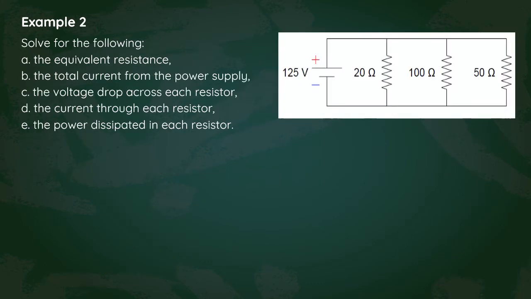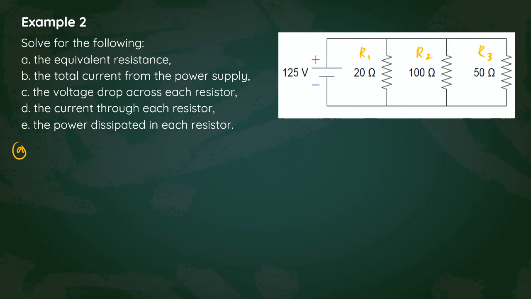Example number 2. Now we have here resistors that are connected in parallel. So for A, we solve for the equivalent resistance of the circuit. Let's label this as R1, this is R2, and then this is R3.